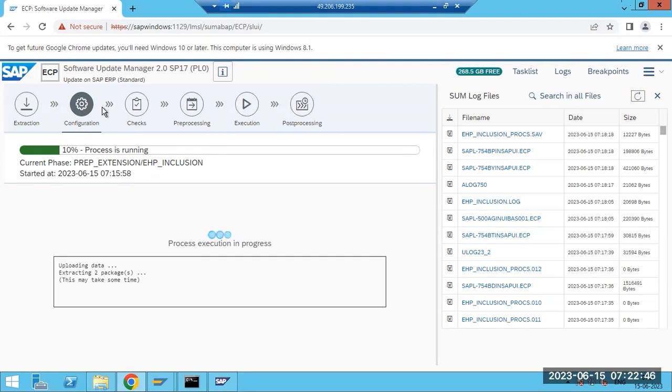If you are more experienced, they may go deeper into what exactly happens in the extraction phase, configuration phase, checks phase, and pre-processing. You have to answer those questions.